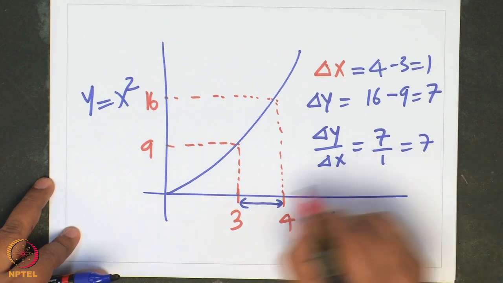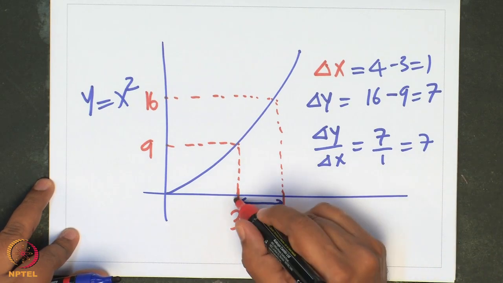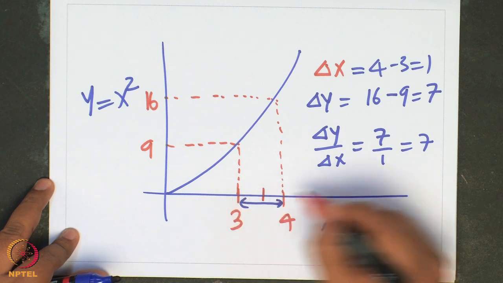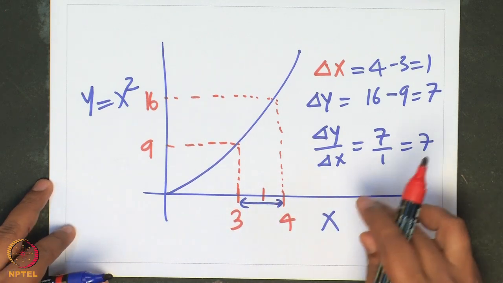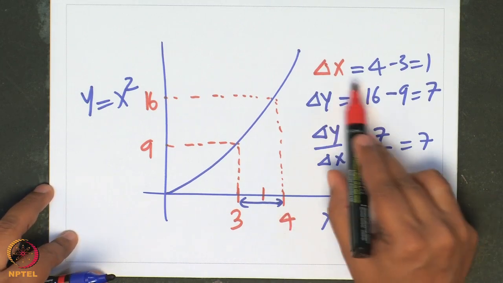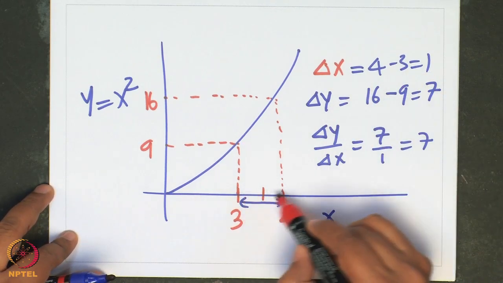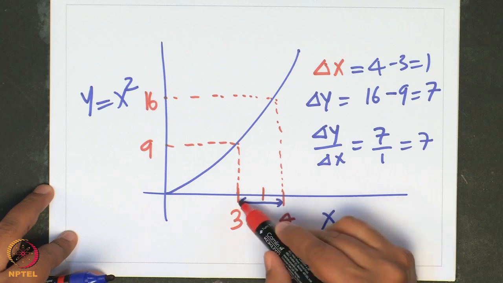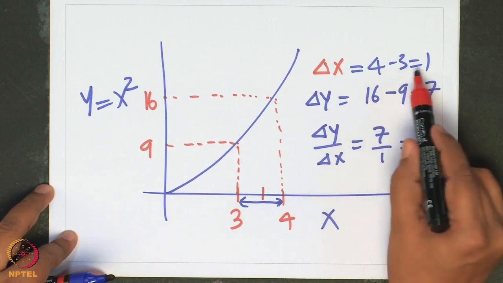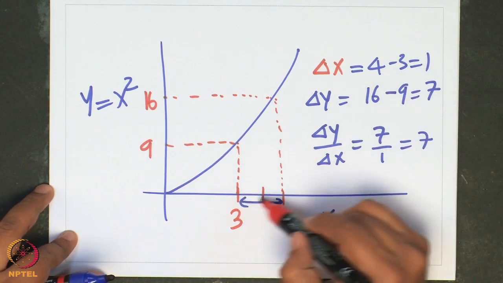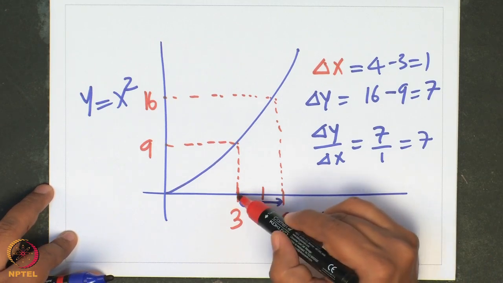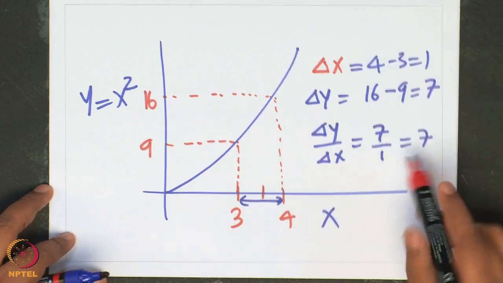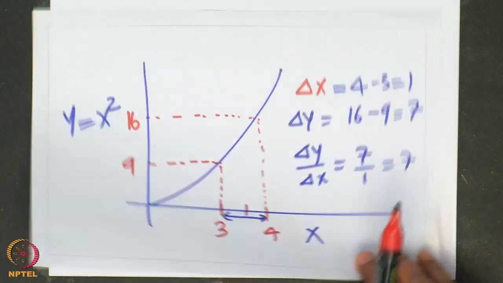If I did the same between 3 and 3.5, if I took delta x equal to 0.5, what will we get? So let us think about this. Here we took delta x equal to 1, between 3 and 4, near 3. So now let us calculate again here in the same region just after 3, but taking delta x equal to 0.5, and let us see what we will get.